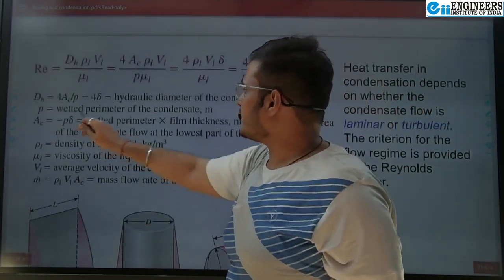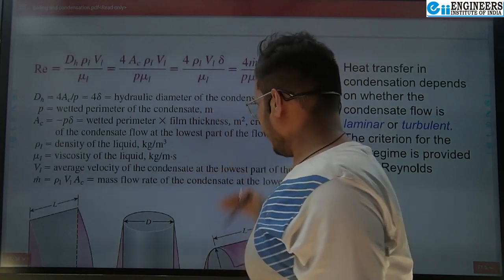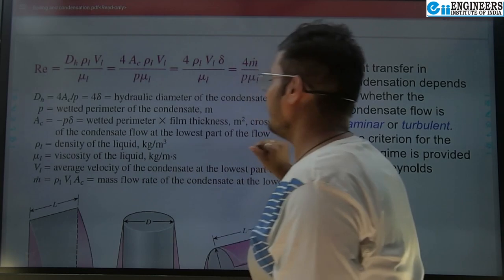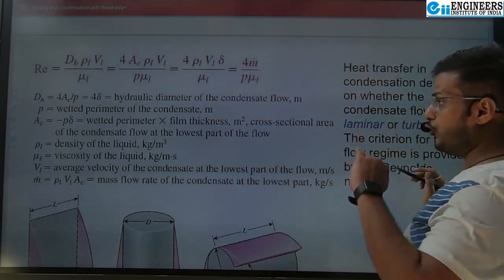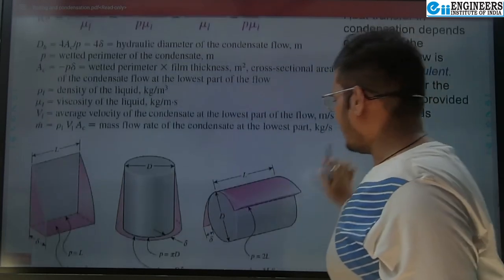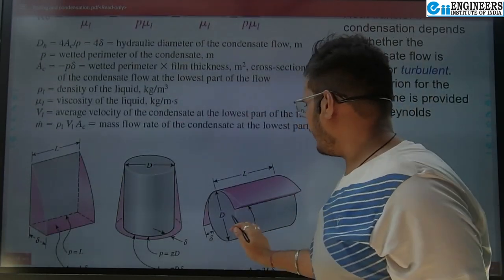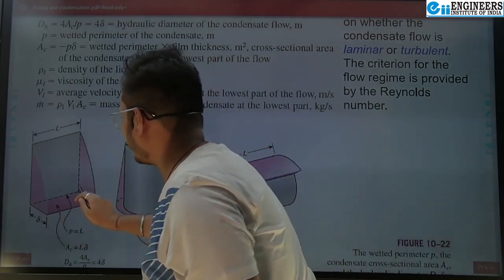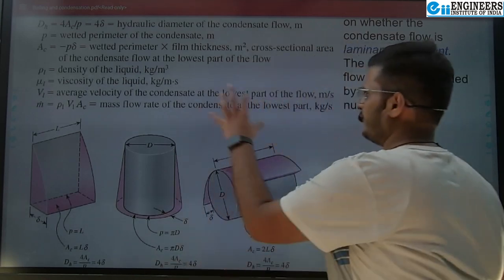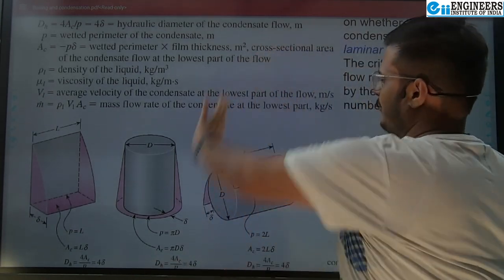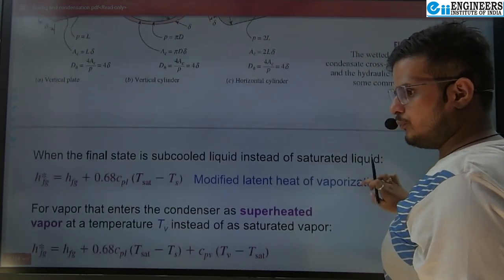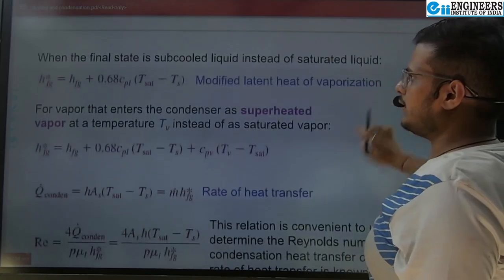Remember, P is the wetted perimeter of the condensate film, and A_c is the wetted perimeter into film thickness of the condensate at the lowest part of the flow. So this is how you are going to calculate the perimeter and area during condensation. Hope you are clear with that.